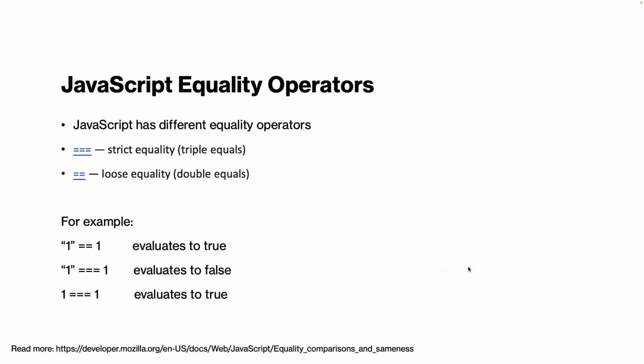So this is a really important thing to remember. JavaScript has a different type of equality operator. It does have the double equals, but that means it's a loose equality. So these are the three cases. A loose equality just generally checks if it's the same, and it understands that the string 1 is equal to an actual number 1.